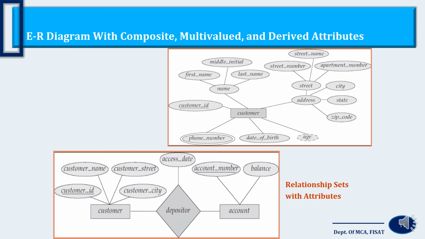The attribute that is underlined is the primary key of the table. And in the first example, we have composite attributes. The name is a composite attribute, the phone number is a multi-valued attribute, and age is a derived attribute.